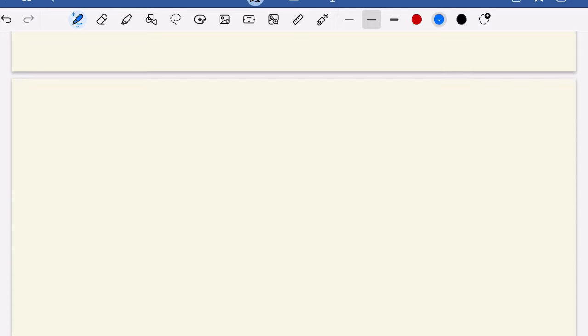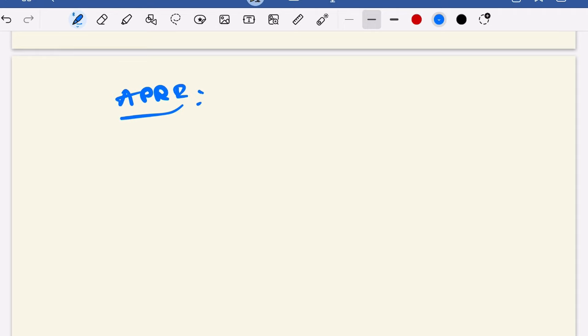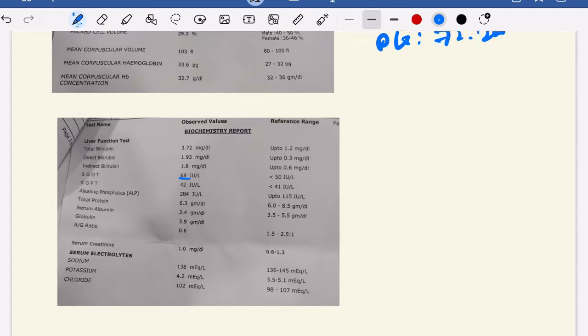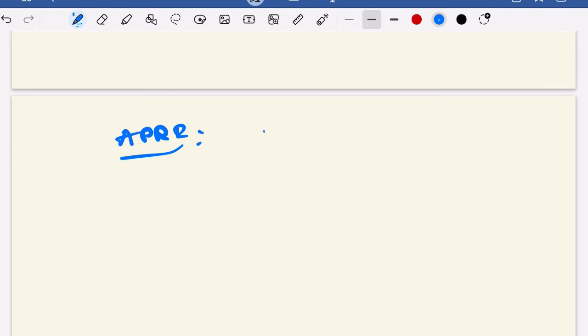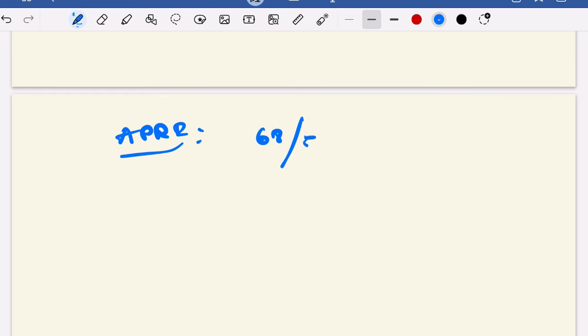So let's calculate APRI. How much does it come? APRI is nothing but AST. Patient AST is 68. Upper limit of normal, how much have they given here? 50. Okay, let's take it as 50.